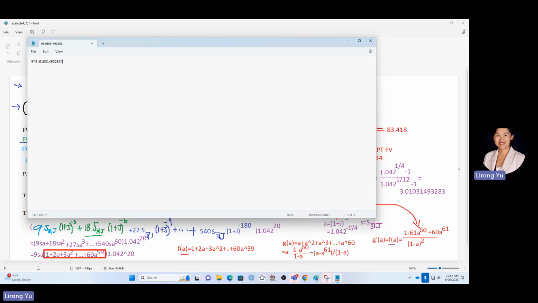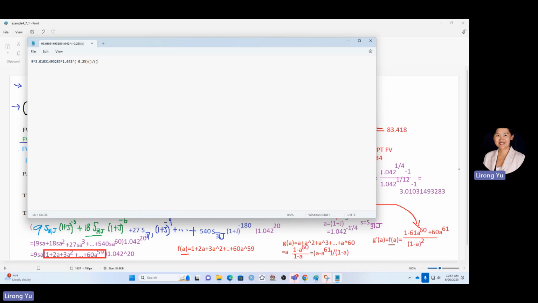Right, that's the S. And then we need to multiply A. A is 1.042 to the power of negative 1/4 or negative 0.25. So that's that one. And then this is going to be multiplied by f of a.